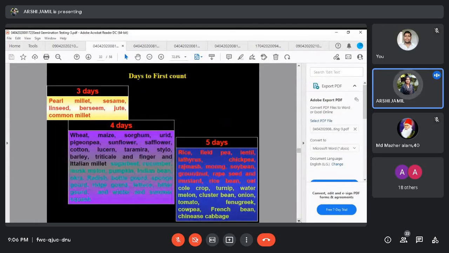Now these are some examples of crops and their first counts. In case of pearl millet, linseed, berseem, jute and common millets, the first count is on 3 days.